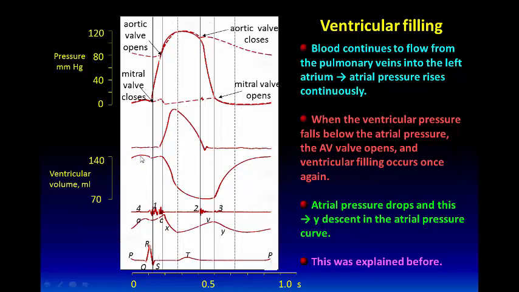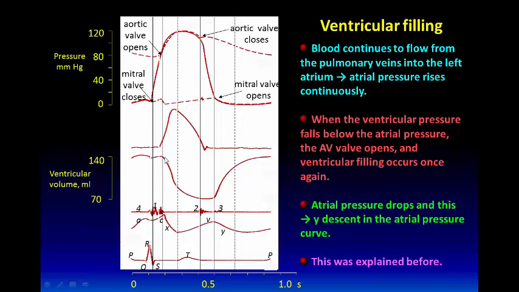So again, this curve represents changes in the left ventricular volume during the different phases of the cardiac cycle. This is the end diastolic volume, 135 milliliters of blood. Still, this is the volume of blood in the left ventricle during the isometric contraction phase, no change in the volume. Still, it is the end diastolic volume, 135 milliliters of blood.